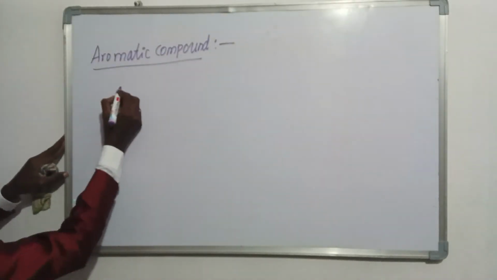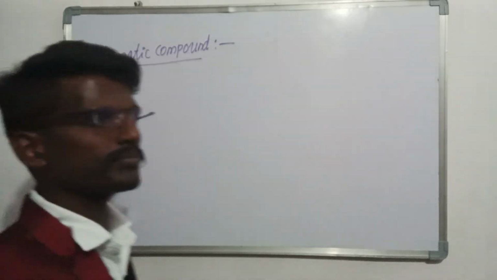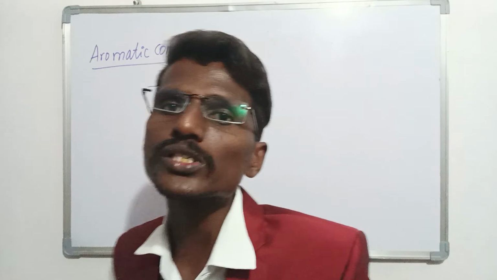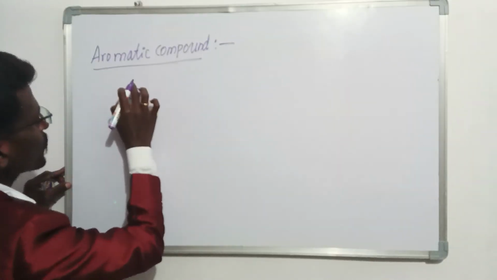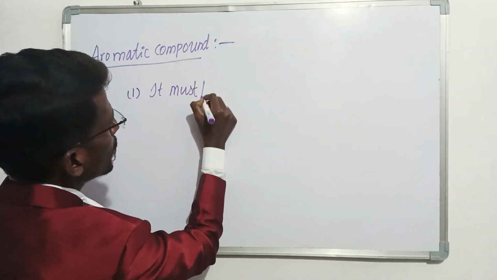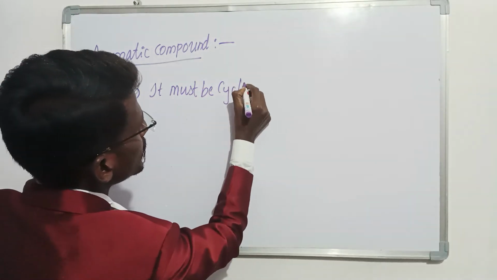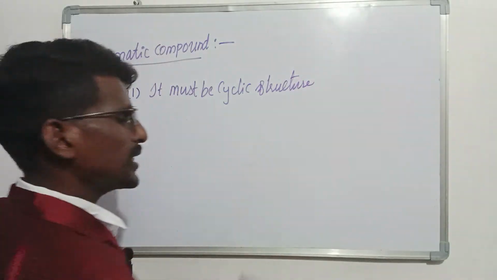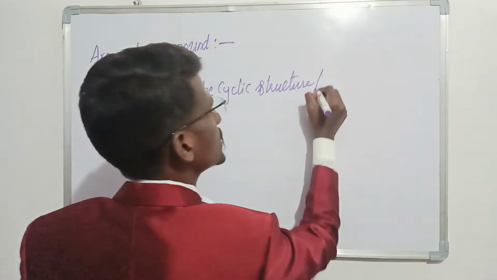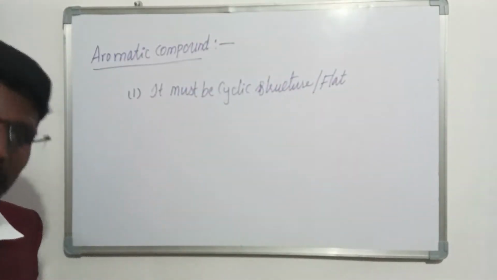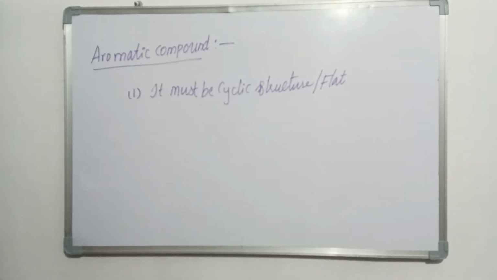If any compound is said to be aromatic, it must follow some rules. So the first one is that it must be cyclic in nature, a cyclic structure, and it must be a flat structure.